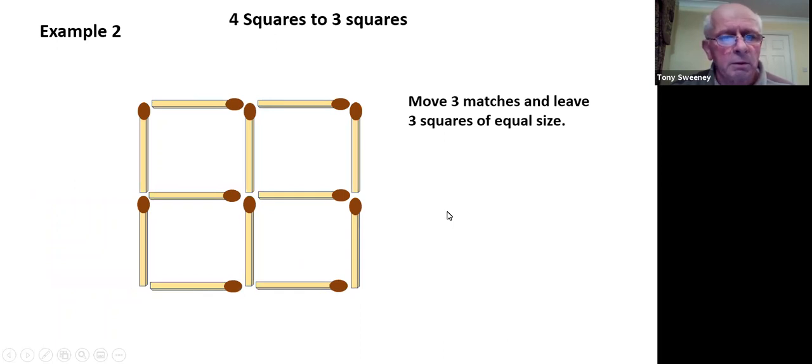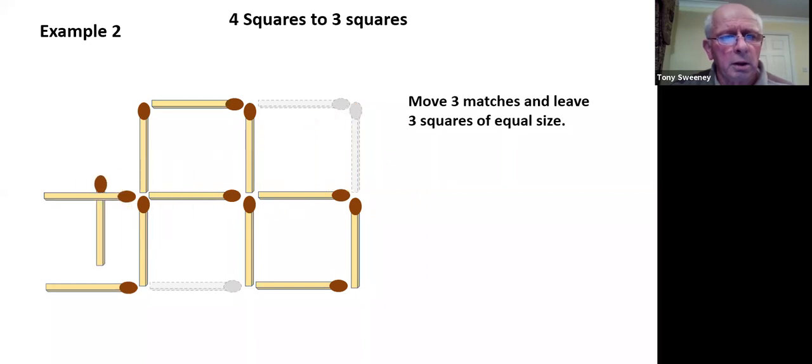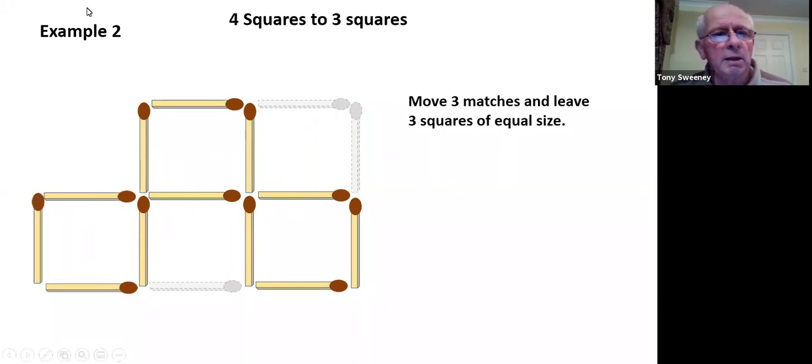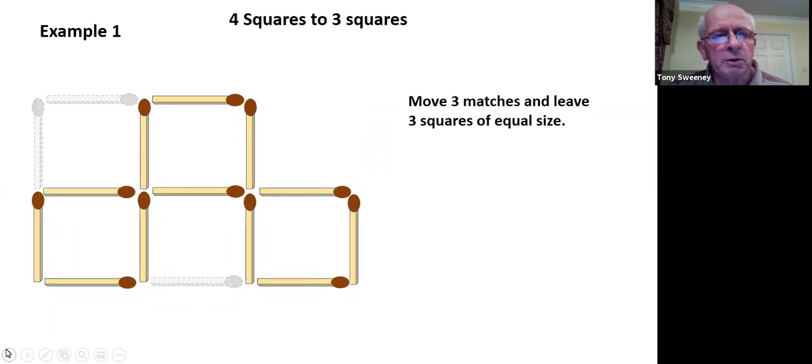So here goes. And just a bit like the last example, students might want to look at the pattern. So there's two matches from this square and there's one from this one. If I go back to the last one, you have two matches here and one from here.